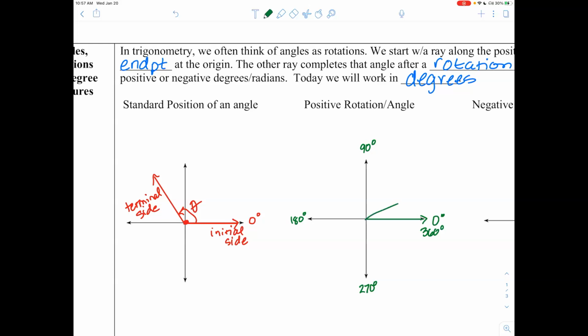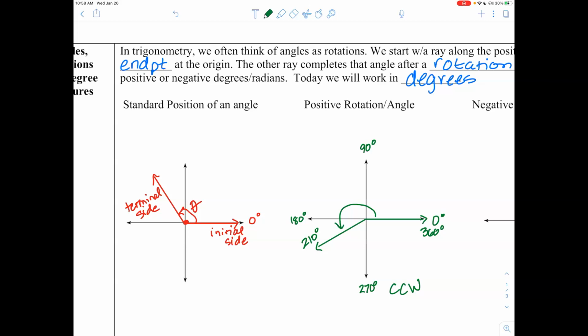So if my angle is going to rotate in a positive way, it's going to rotate in a counterclockwise motion. So it is counterclockwise, and it will have a positive measure. So for example, this could be possibly 210 degrees. That could be the measure of that angle.